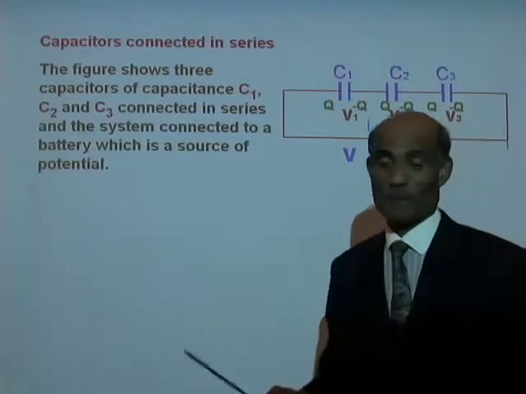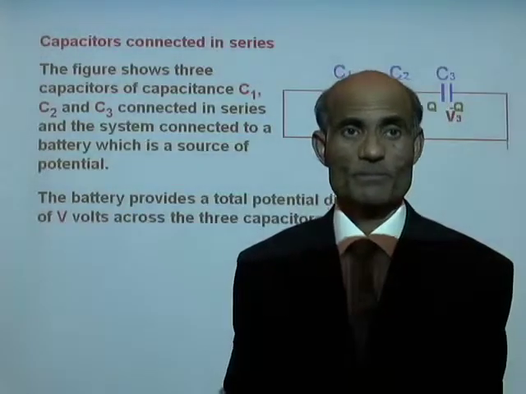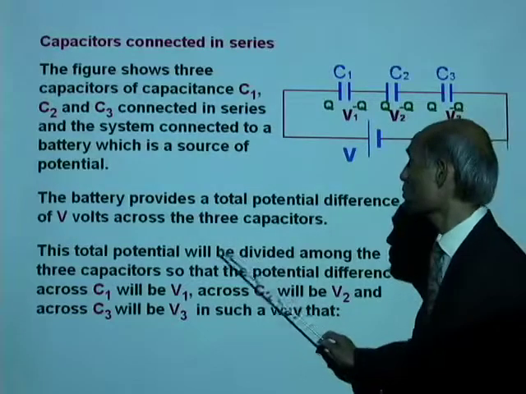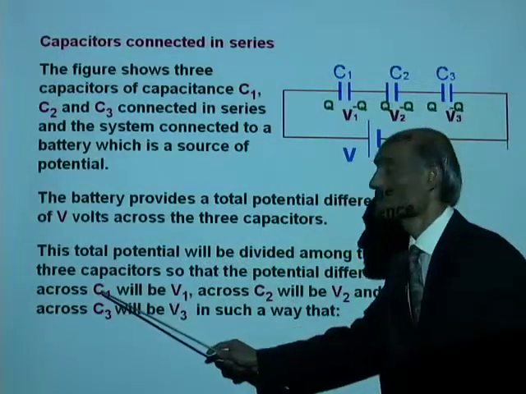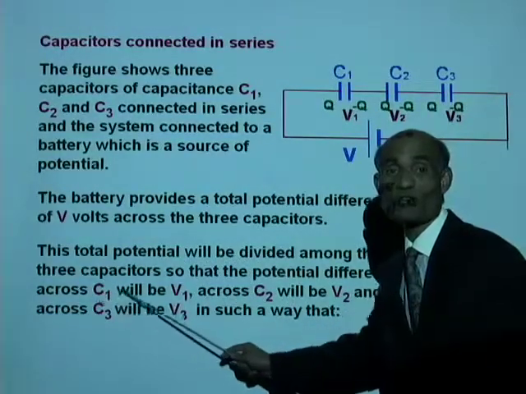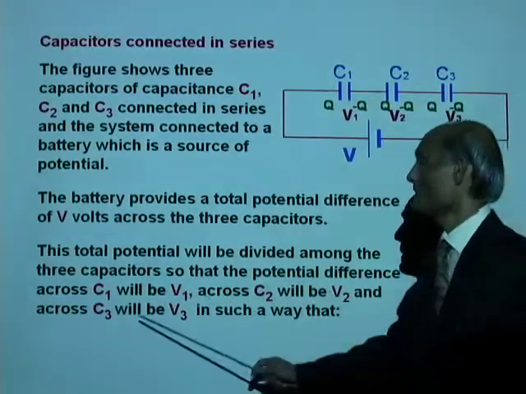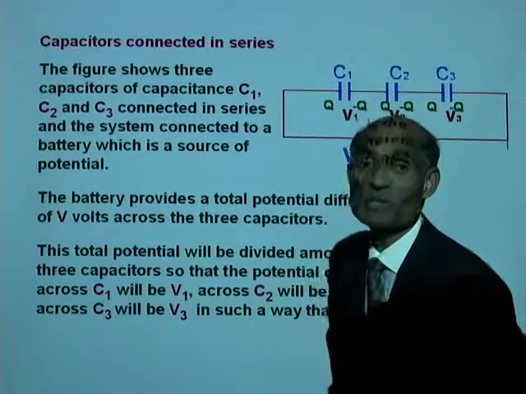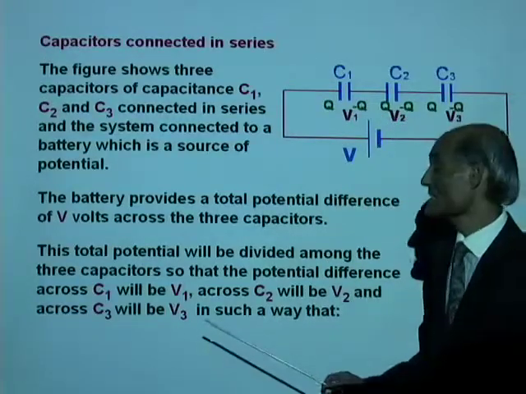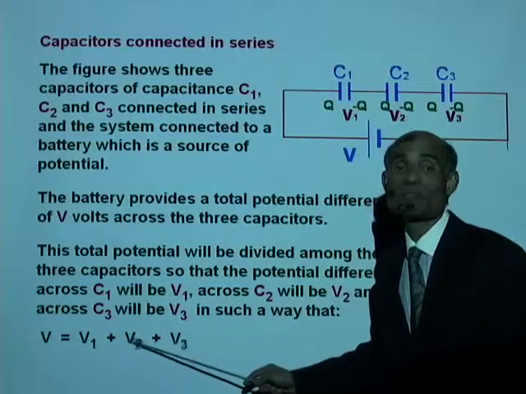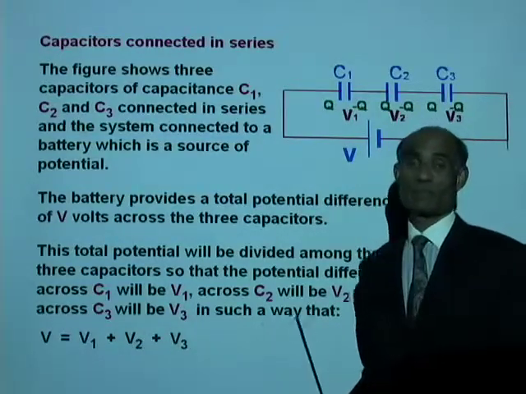Alright? And so the total potential will be divided so that the potential difference across C1 will be V1, across C2 will be V2, and across C3 will be V3 in such a way that V equals V1 plus V2 plus V3.